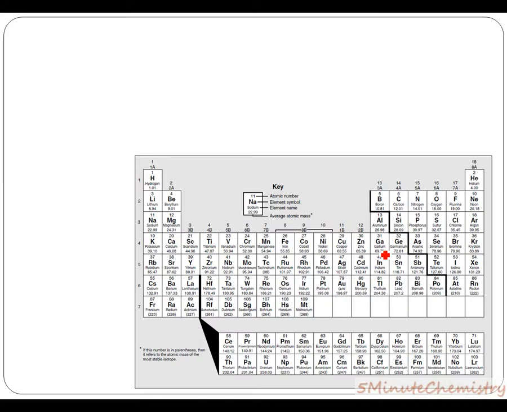So the first thing that I want you to observe is that going from left to right, the protons will increase. Going from left to right, we know the atomic number goes up, which means the protons will go up. What we have to factor in is that if the number of protons goes up, so does the number of electrons.